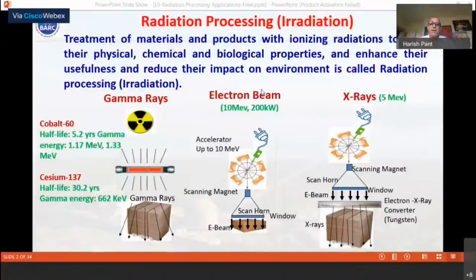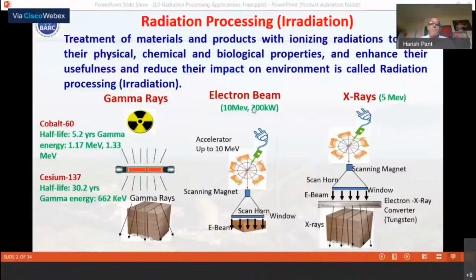Now, the second category of sources used in radiation processing are the electron beams. The electron beams have energy of the order of 10 MeV. Electron beams of more than 10 MeV are not used for radiation processing application; only up to 10 MeV electron beams are used. And the power of these electron beam machines varies from 10 kilowatt to 200 kilowatts.